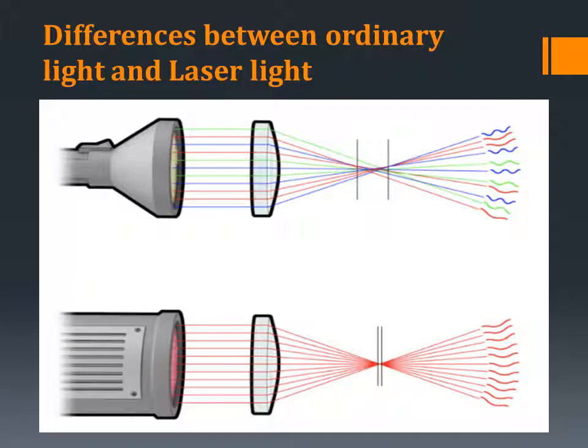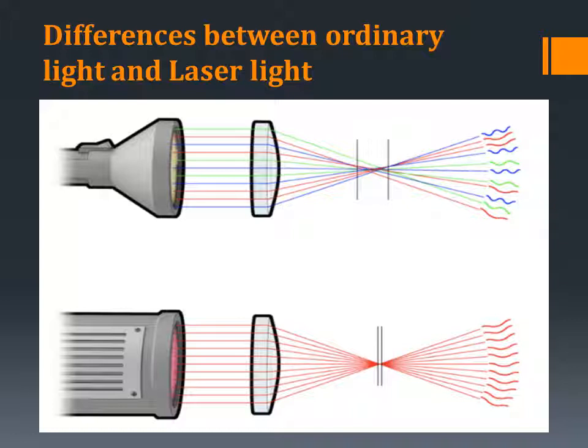Spot the differences between the two pictures shown here. The first picture is that of ordinary light and the second picture is that of laser light. In the first picture, we see many colored lines, whereas in the second picture we see only one colored line.